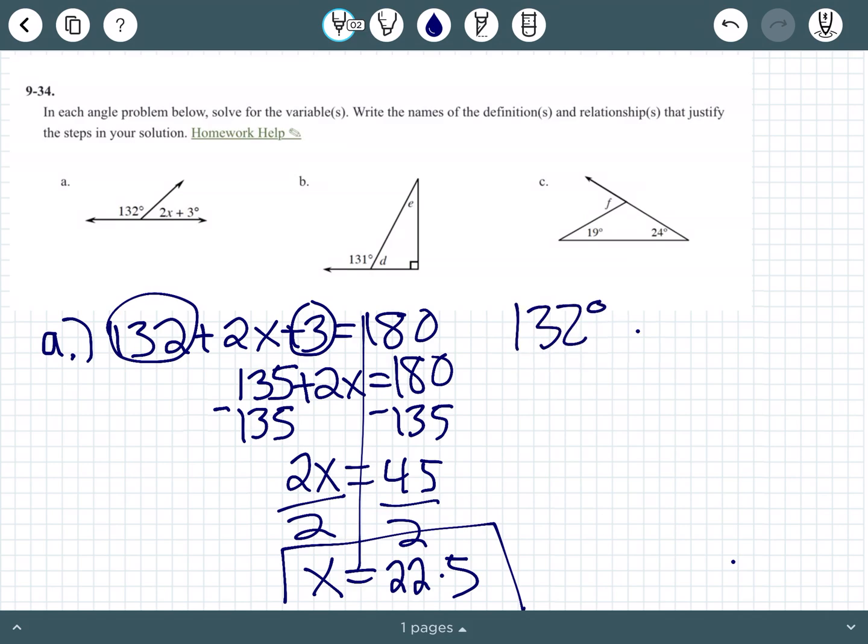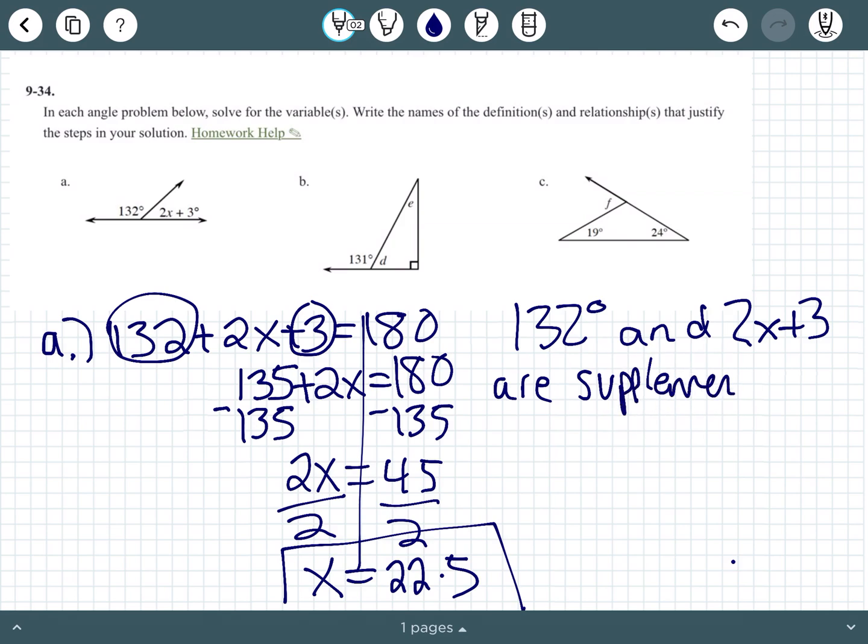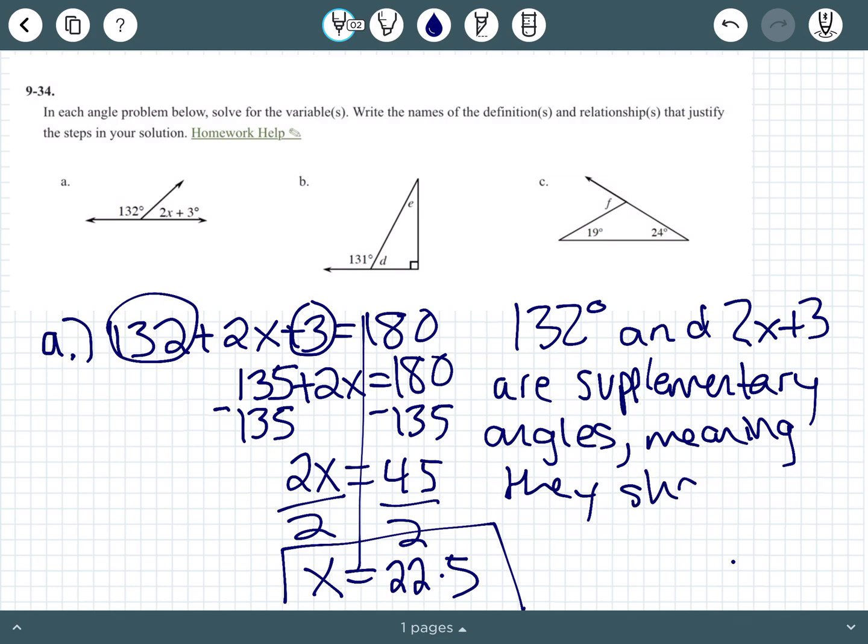So let's go ahead and say for part A that we know 132 degrees and 2x plus 3 are supplementary angles, meaning they should add up to 180 degrees.